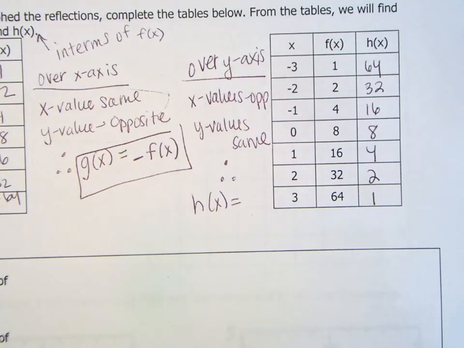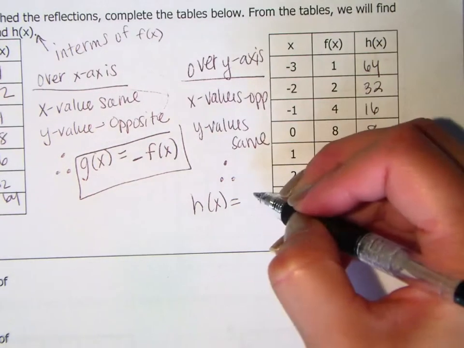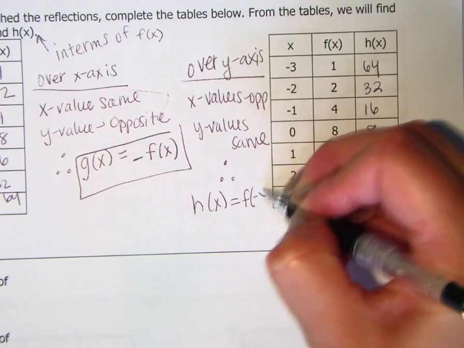I want to show that the x values are opposite, the y values are the same. Somebody guess, so you're not leaving. Jack? Close. It's going to be f of negative x.